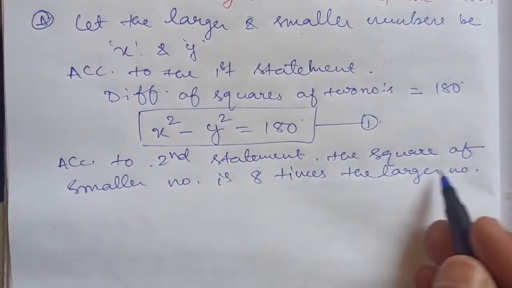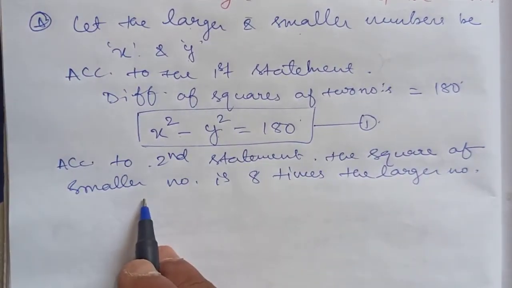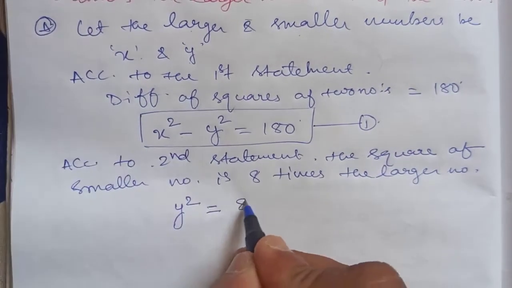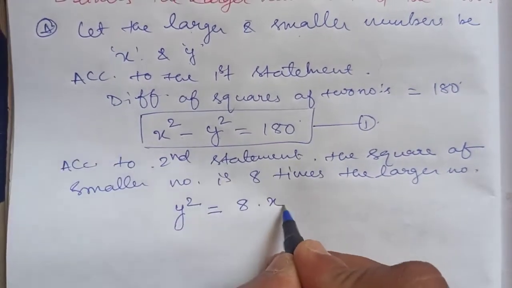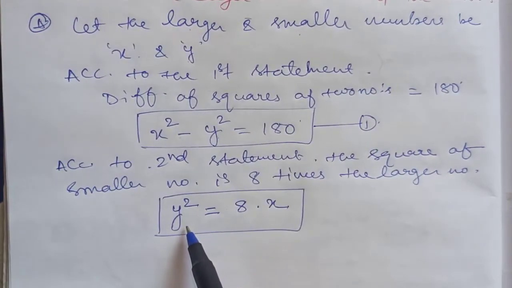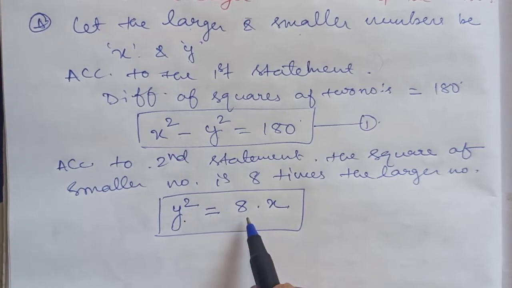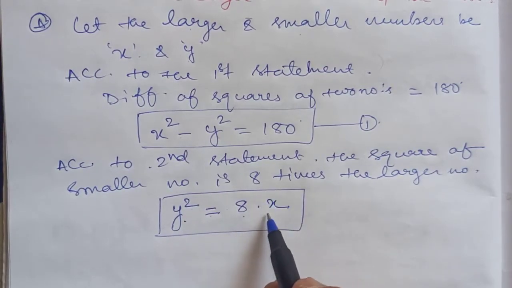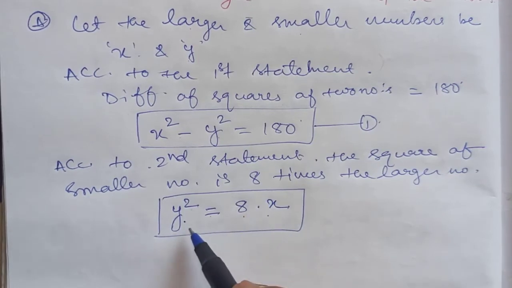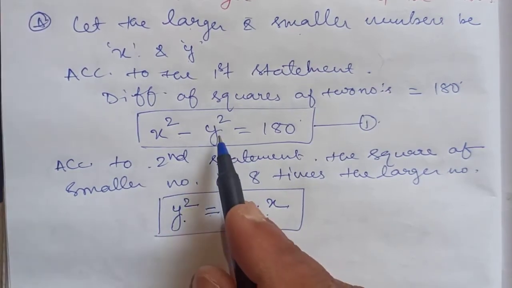Square of smaller number means, we have taken the smaller number as y, so y square equals 8 times the larger number, which is x according to what we have taken. So now we will substitute the value of y square in equation 1.